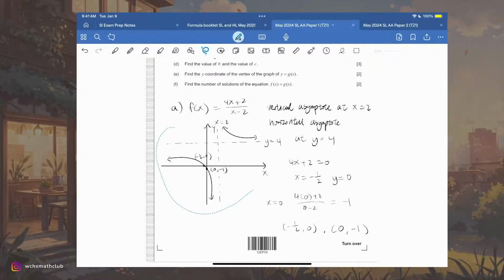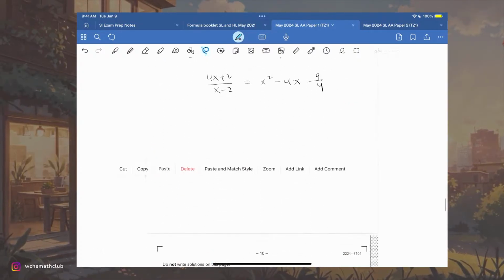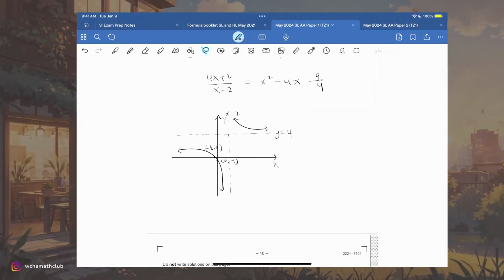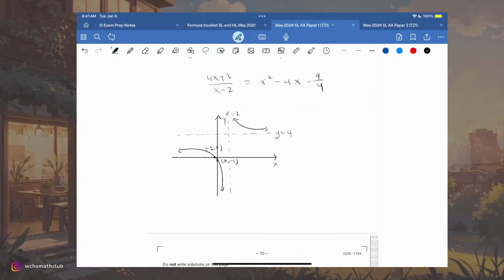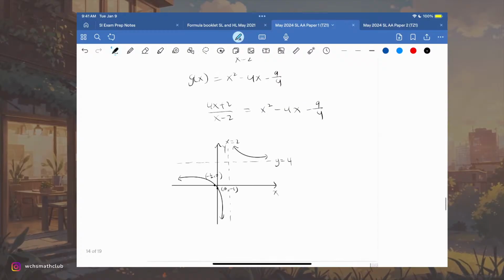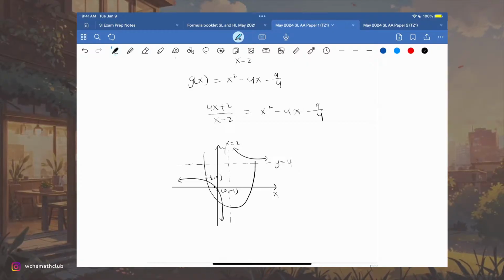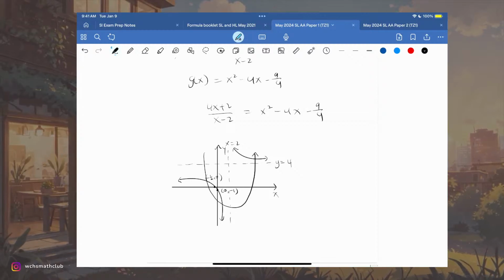So if I just copy and paste this onto the page we were on earlier. Okay, here. So since we already know what the x and y intercepts of g of x are from the previous questions, all we're going to do is label it, or draw this graph on the same grid, which will look something like this.